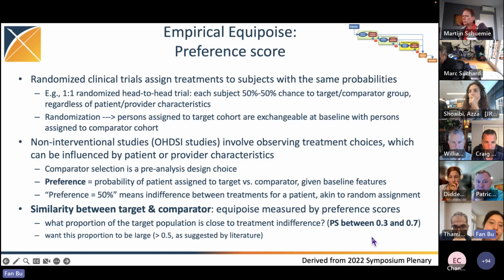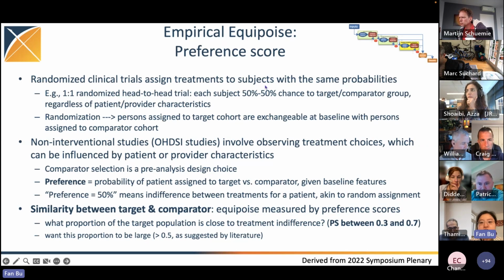So the second thing we want to check on is empirical equipoise. So thinking back to randomized clinical trials, we want to make sure that all the subjects have very similar or basically the same probabilities of getting different treatment options.